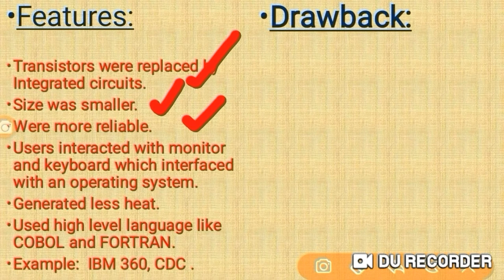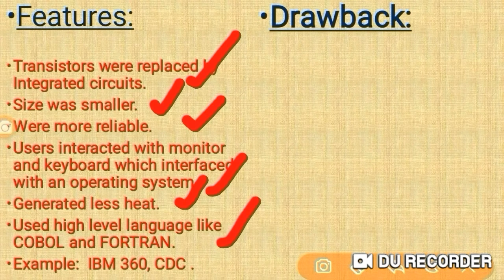This generation computer used multi-programming operating systems, generated less heat, and used high-level languages like COBOL and Fortran. Examples of this generation computers are IBM 360 and CDC.